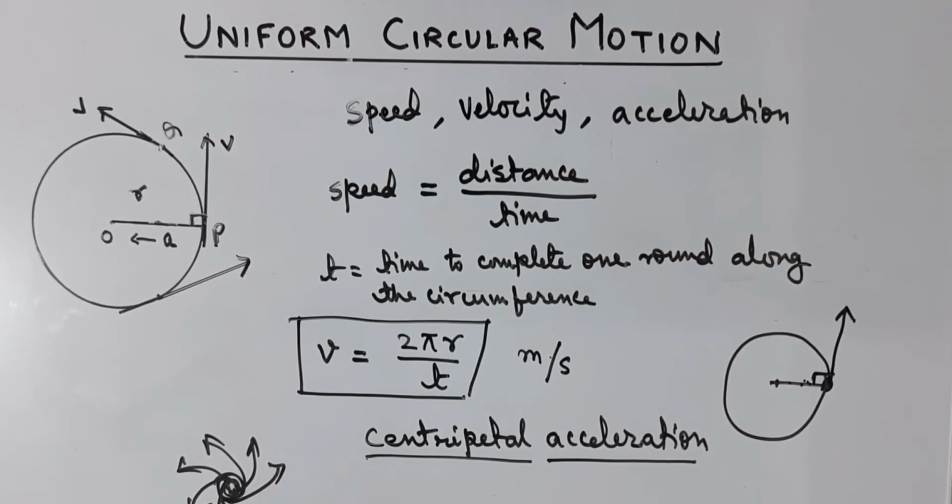So this is another example of a uniform circular motion. You can look around you and you will find many other examples as well.